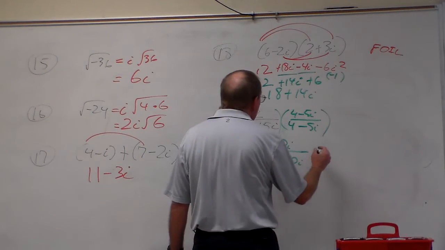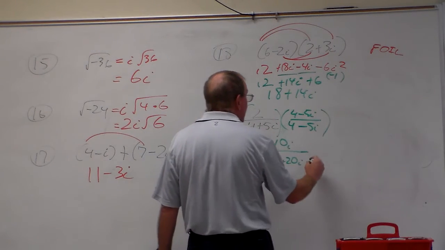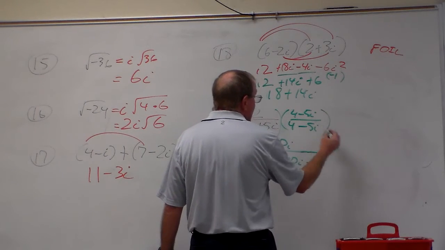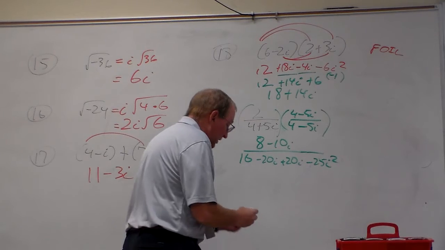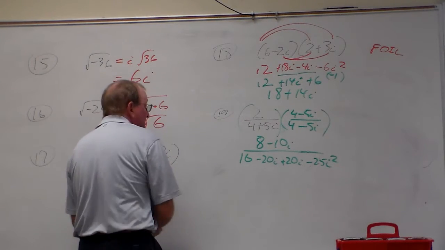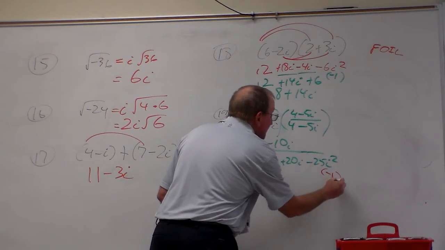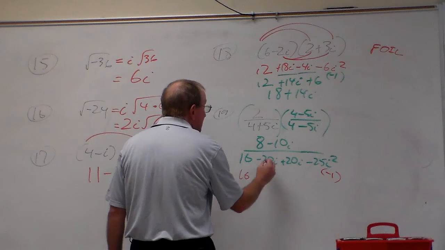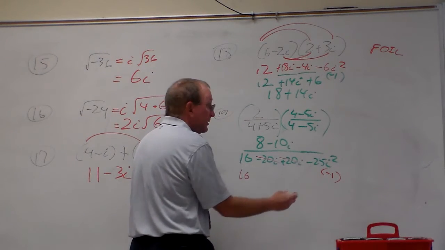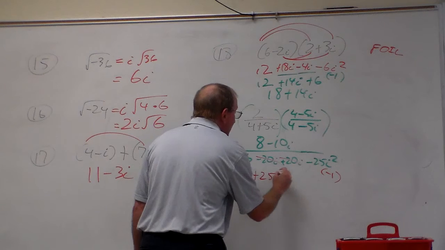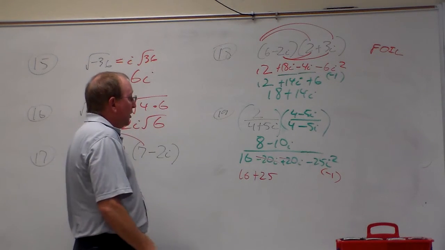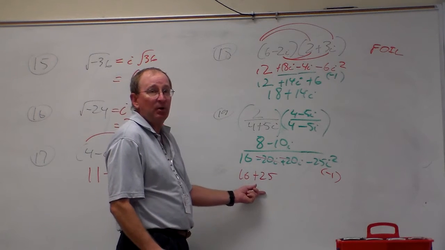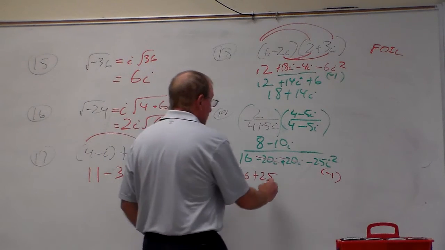And then the last term, 5 times 5 will be negative 25. That's i squared, right? But i squared is the same thing as negative 1. So that's plus 25, because a negative times a negative is positive. So 16 plus 25 is 41.